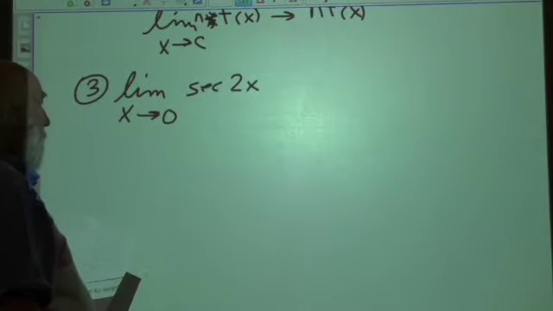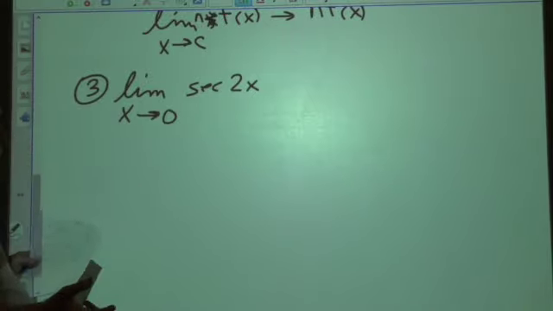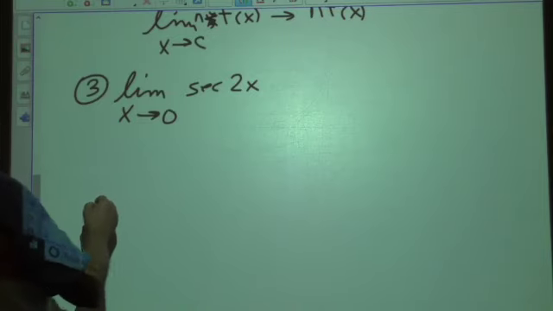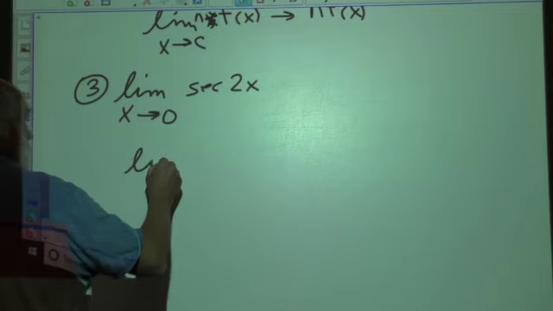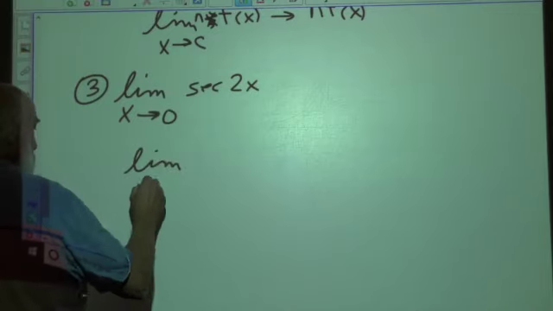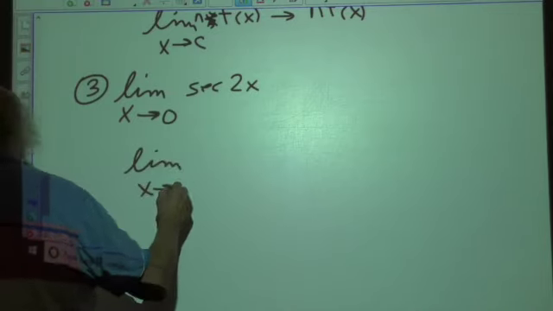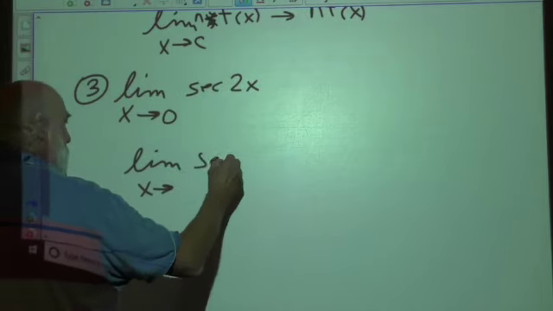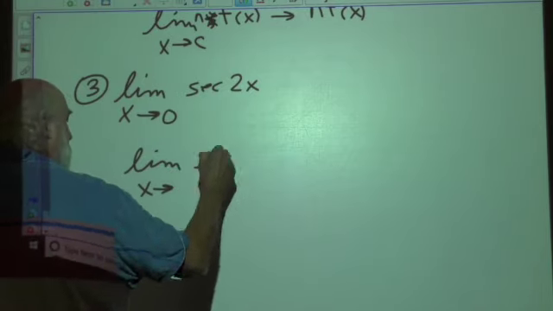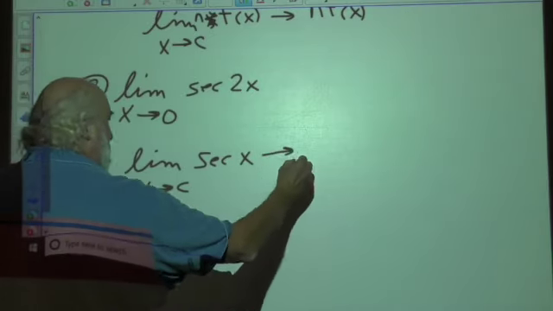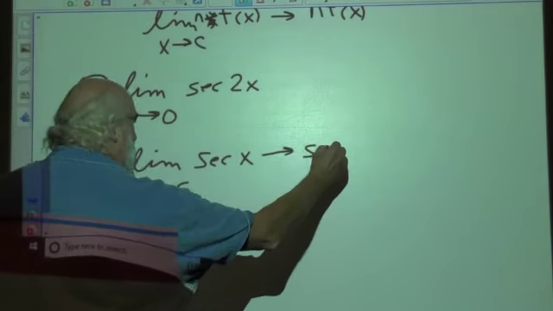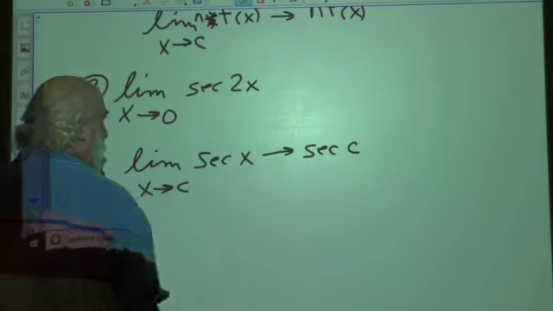Okay? In theorem 1.6, this basically states that as we find the limit as x approaches c of the secant of x, the answer will simply be the secant of c.